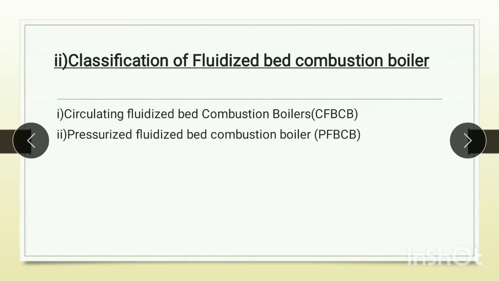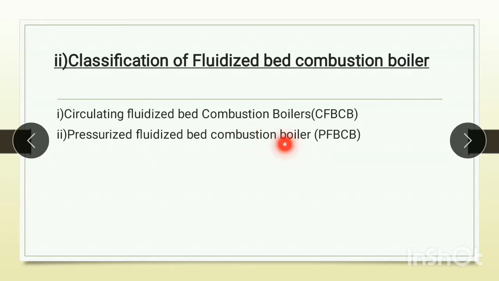We have to apply some extra pressure, approximately 10 bar. So it works under pressure.